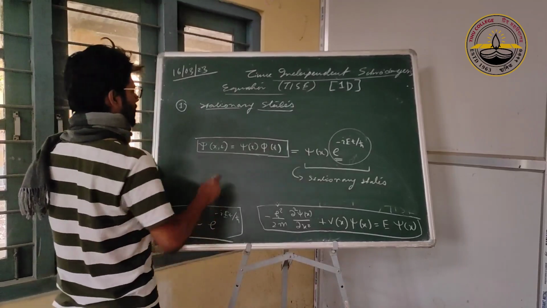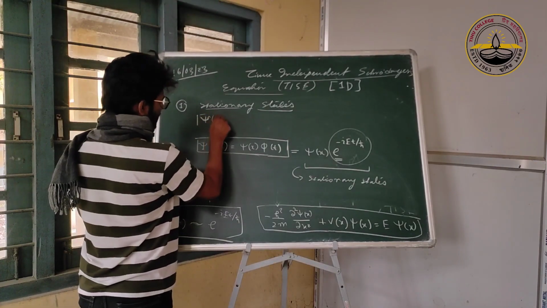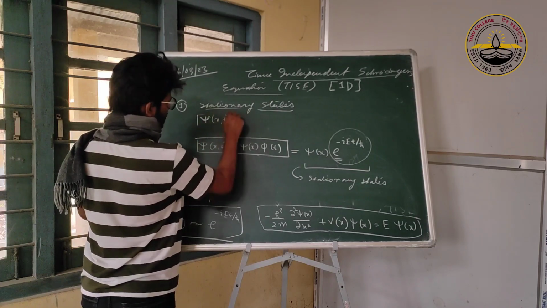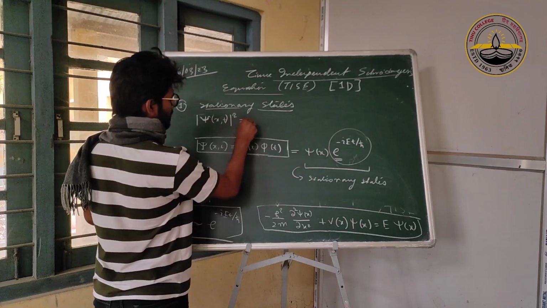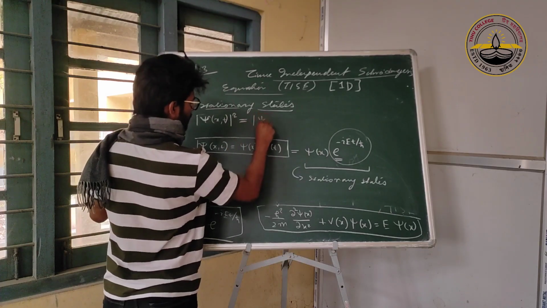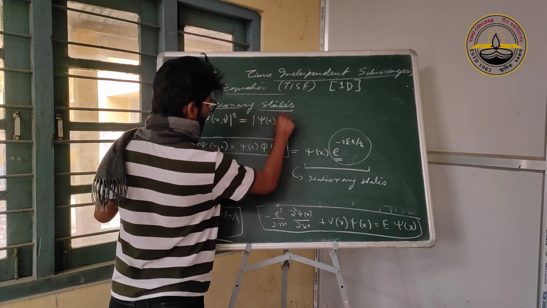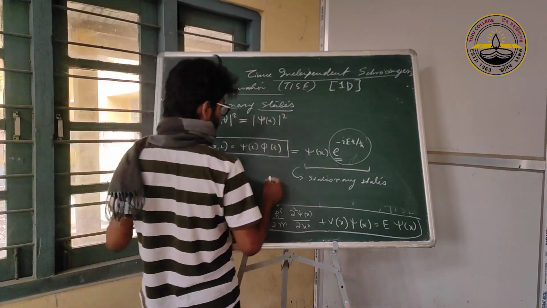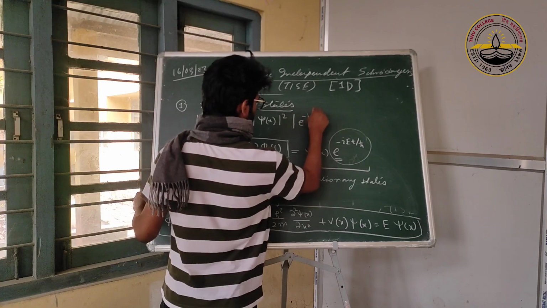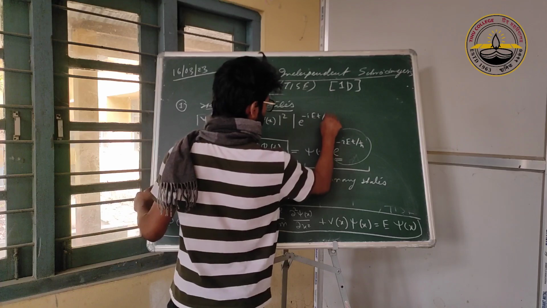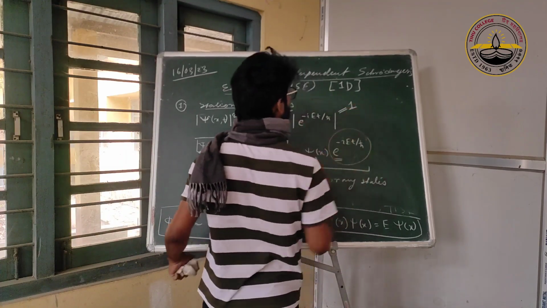We assert that mod psi x t, mod psi squared, is actually mod psi x squared, and the time dependence goes away because here we have minus i E t. But this we are saying will be 1.